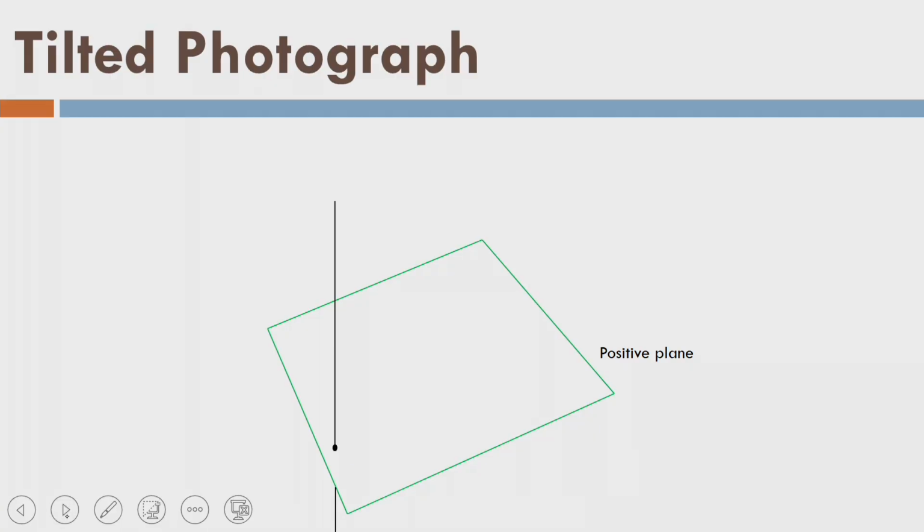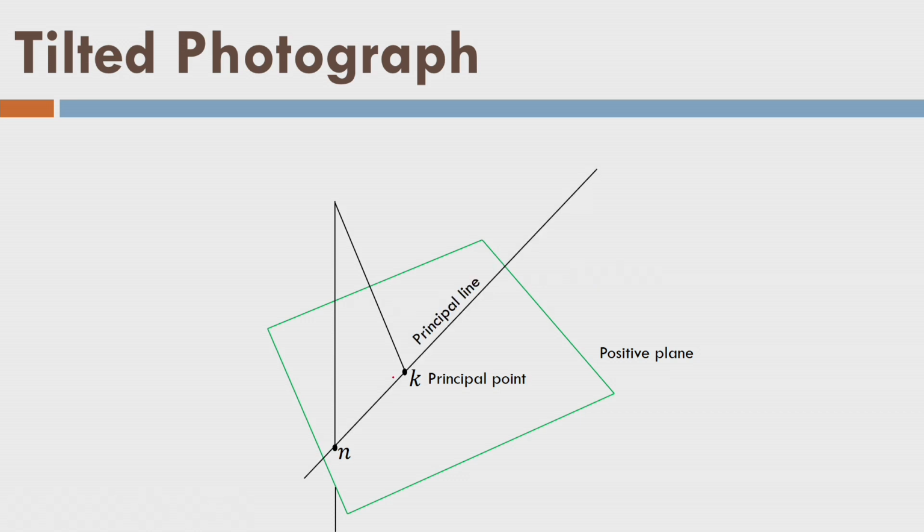So, let us see there is an image plane, this positive image plane. This is the point n, which is the nadir point on the image. This is my optical axis and it creates the principal point K. The line which joins small n to K is called the principal line. This angle is the tilt, fine.